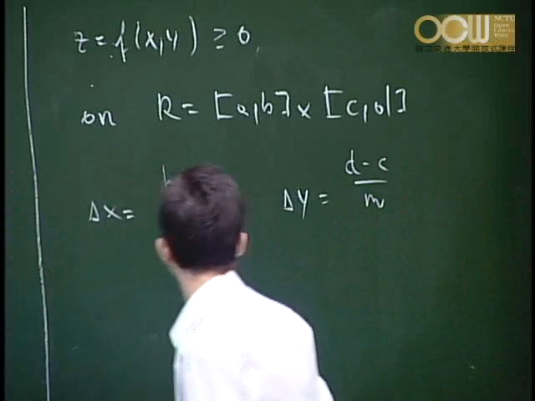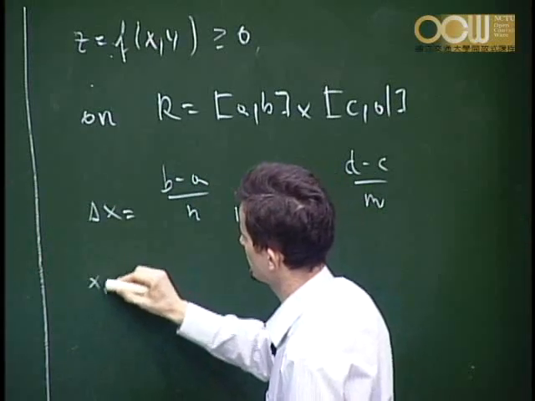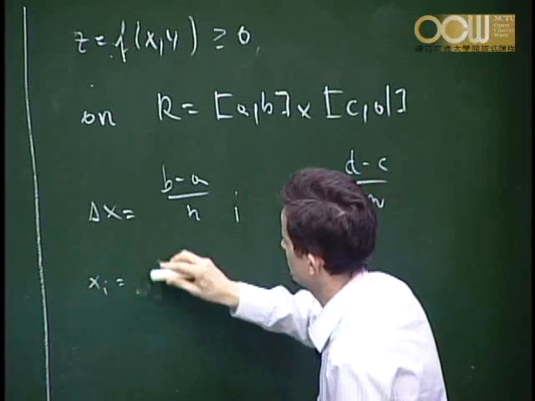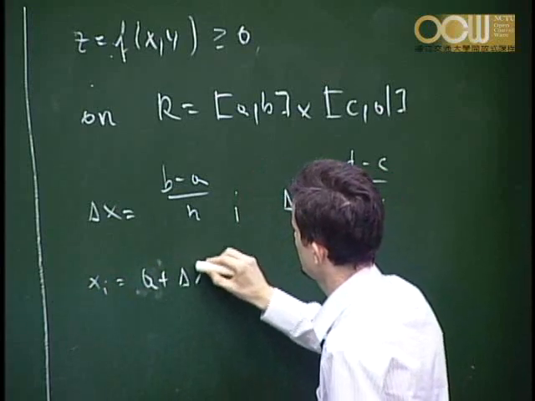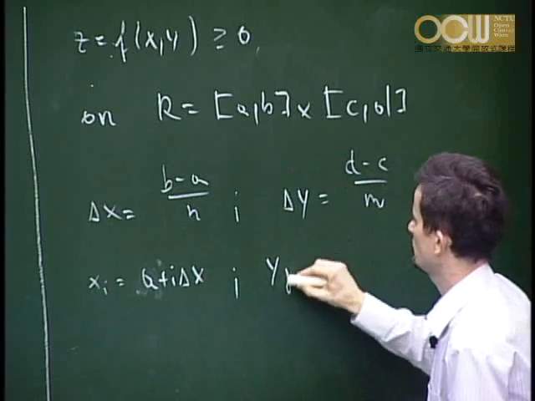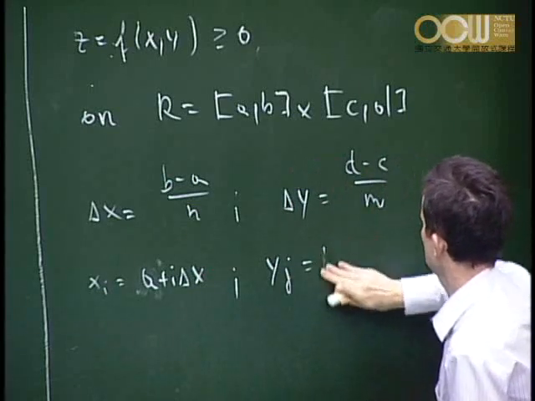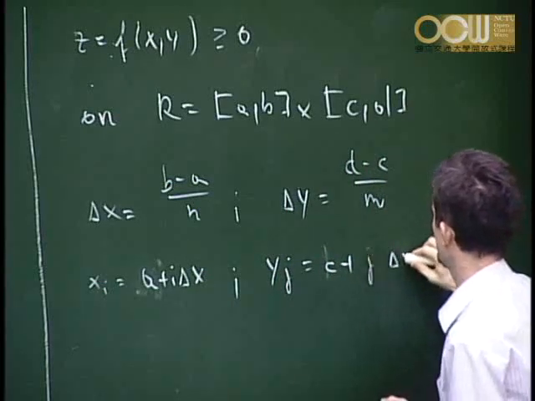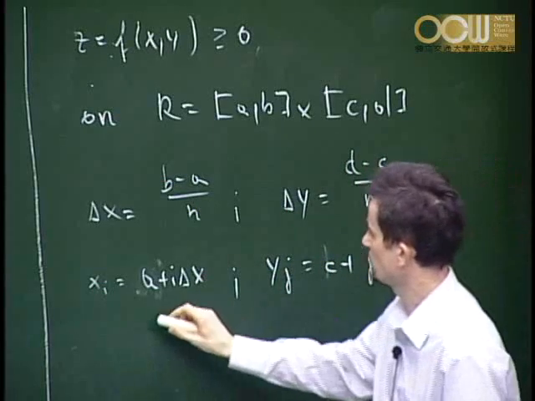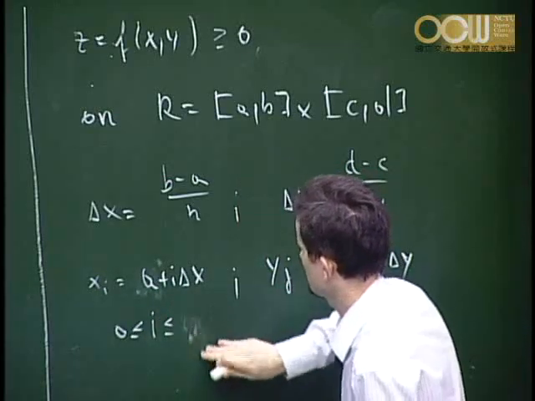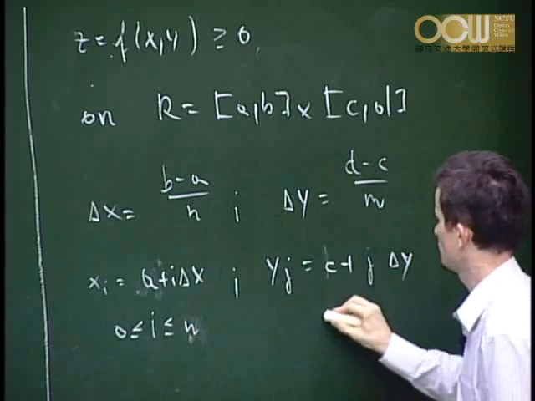We get the sequence x_i, which is a plus delta x times i, and the sequence y_j, which is c plus j times delta y. The i goes from 0 to n, and the j goes from 0 to m.